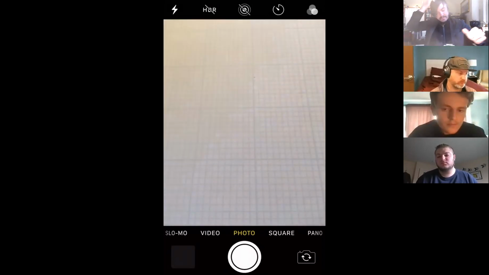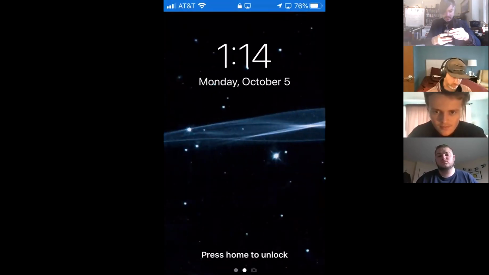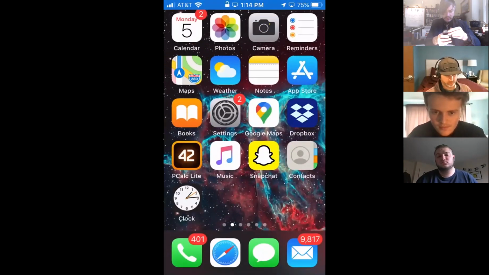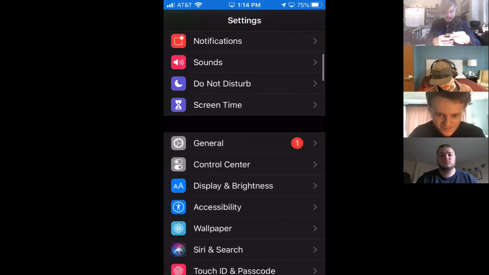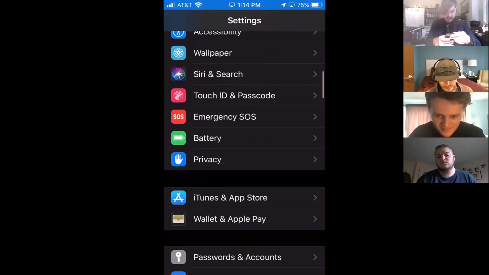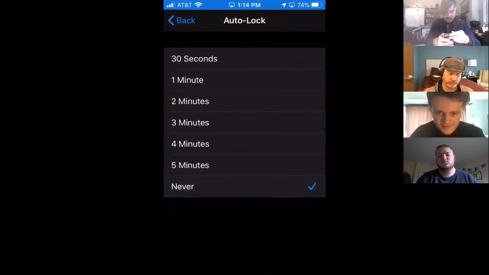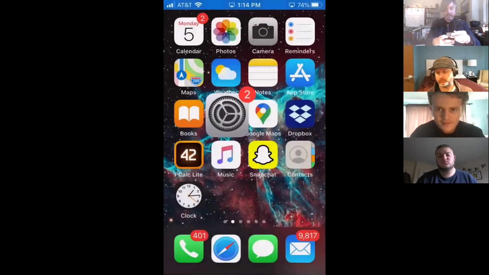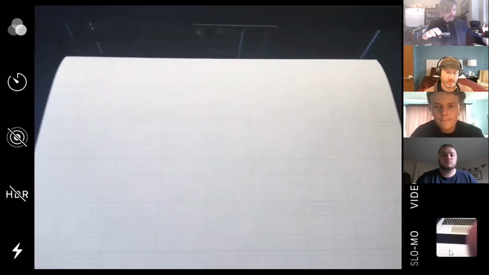I need to go to settings, to my display, and turn off my auto lock. Okay, so let's see if I can turn this thing sideways.